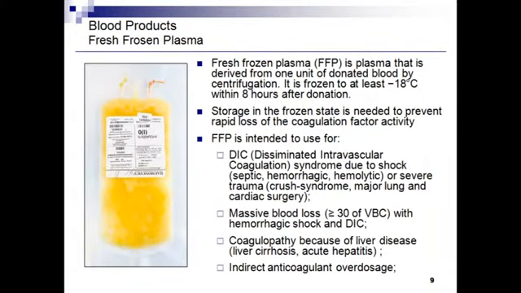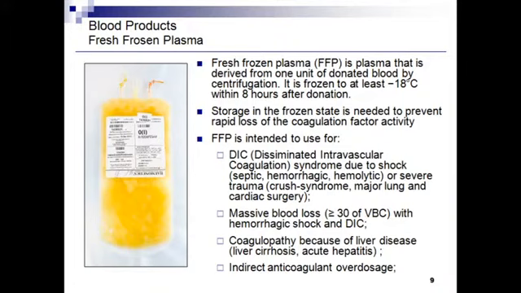The second blood product for transfusion in the surgical room is fresh frozen plasma. Plasma is a component of whole blood which can be prepared by removal of blood cells from the blood donation. Fresh frozen plasma, abbreviation FFP, is plasma that is derived from 1 unit of donated blood by centrifugation.